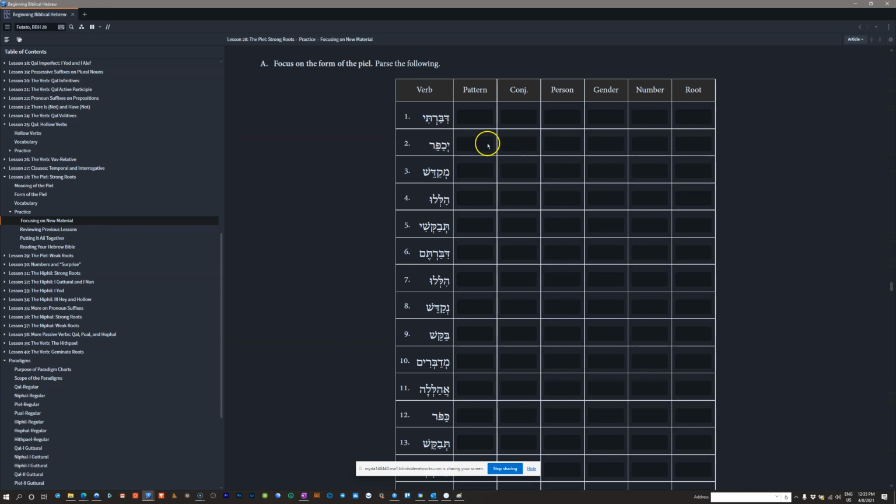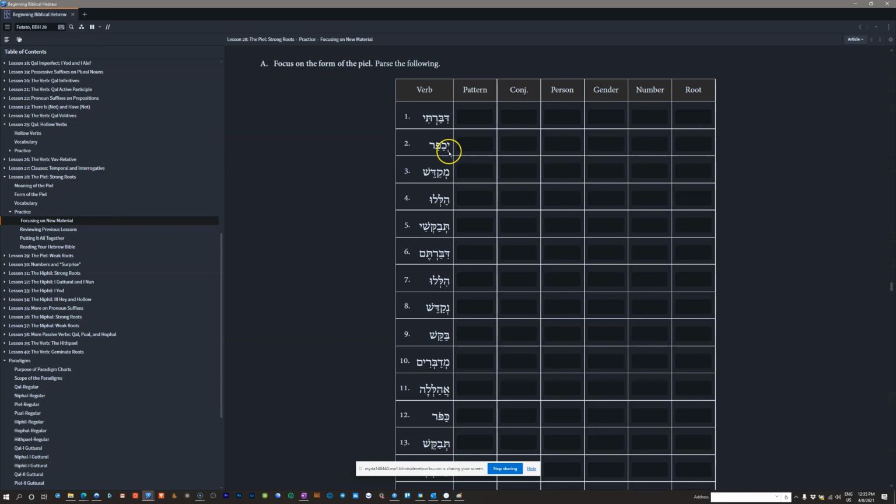Now, in order to determine the pattern, I used to just be able to say, oh, well, it's Qal because that's all I've learned. But now I've learned Piel, so I have to ask myself, is this Piel or is this Qal? And when you're in the imperfect, there's a real easy way to tell. Your prefix letter is no longer going to be hiriq or patach or anything like that.